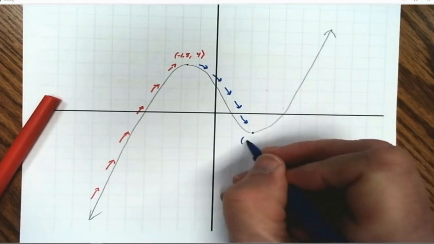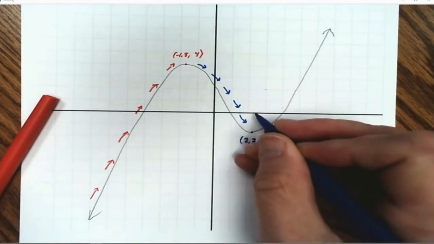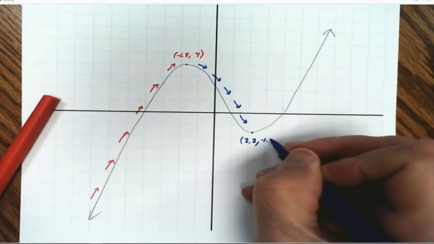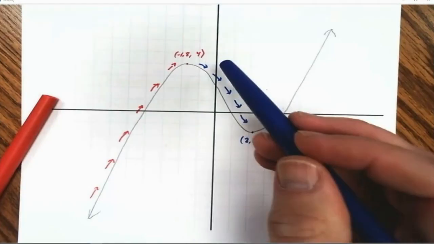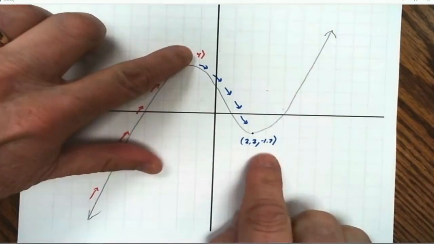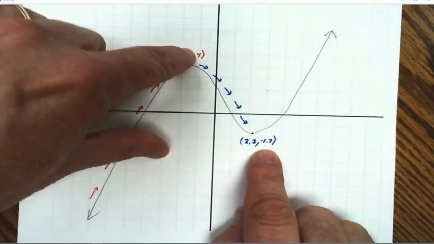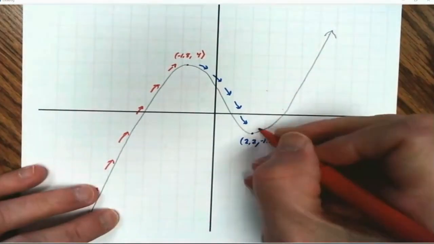That's about 2.2 and negative, let's say 1.7 for the y value. So it was all the way up at 4 and it decreased to 1.7. That's not the interval it decreased. This is the value, how much it decreased. It went from 4 down to 1.7. It decreased 5.7 in value, but that's not the interval.